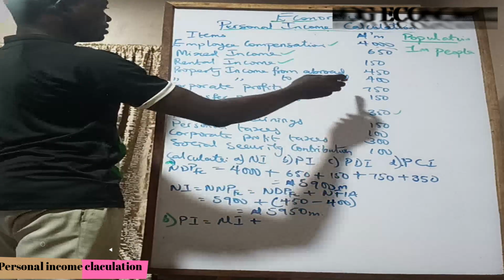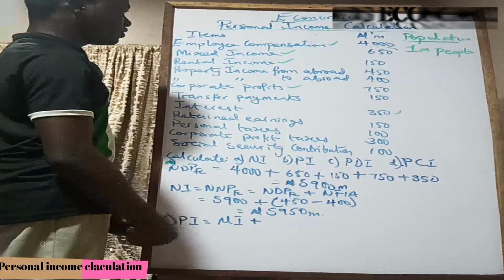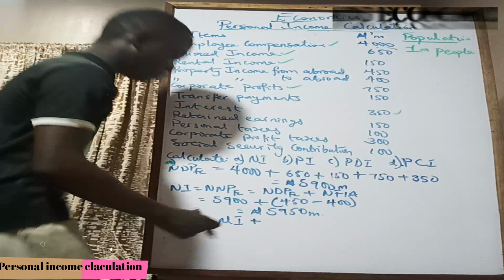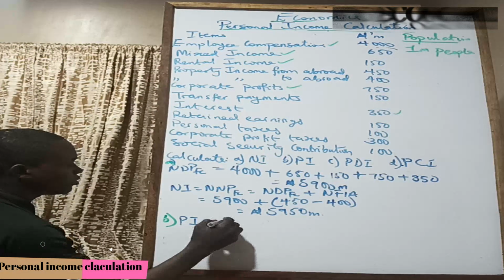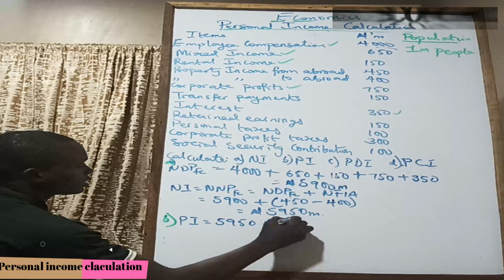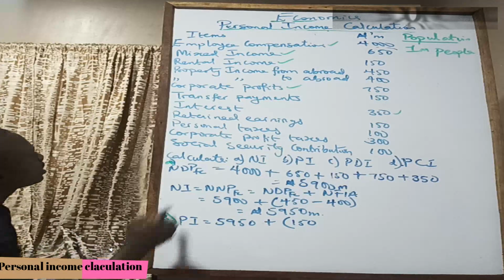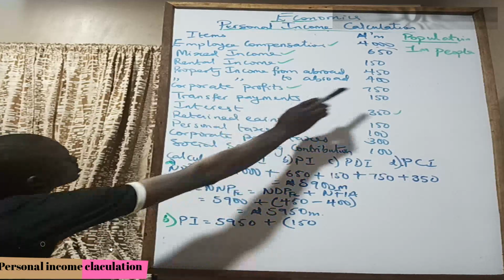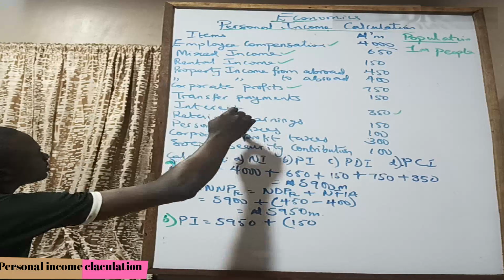We pick transfer payments of 150. It was received, but it was not earned. I'm not writing the formula again, you already know it. So 5,950 plus transfer payments of 150. Do you also have any other transfer payment, any other thing after transfer payments?